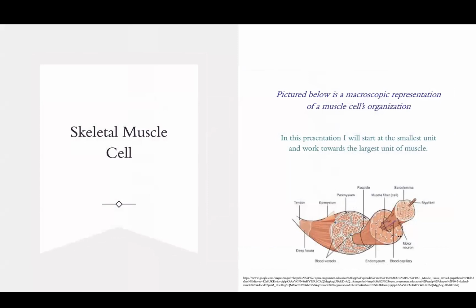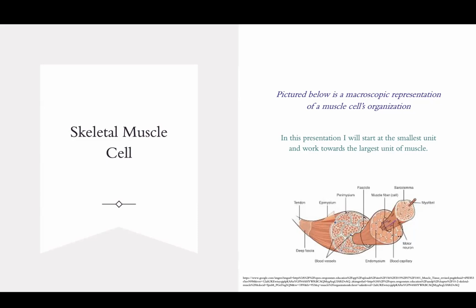So we're going to go over a skeletal muscle cell, and below there is pictured the macroscopic representation of a muscle cell's organization. So it starts from big and it gets smaller and smaller to the smallest unit, called a myofibril.